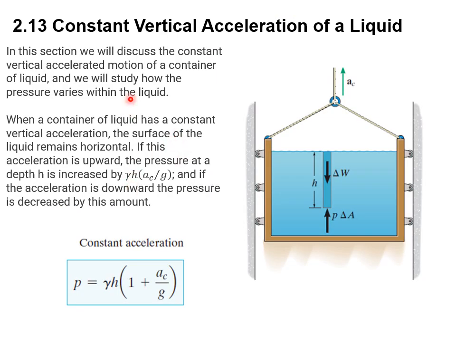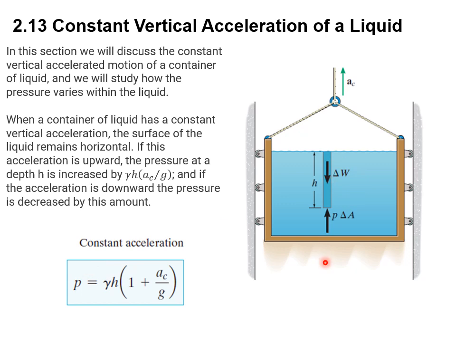Now let's imagine for a moment that the liquid is accelerating vertically. The book goes through and shows that if it's accelerating upward, the pressure at depth h is given by gamma h times the ratio of the acceleration of the container to the acceleration due to gravity.